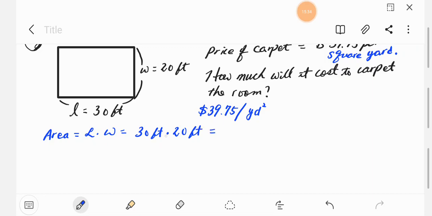Then multiply 30 and 20, there will be 600. And then what? Feet times feet, right? Multiply feet twice. So there will be square feet, isn't it? We call it square feet. So area is 600 square feet.